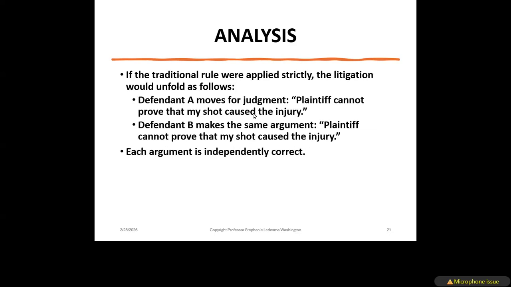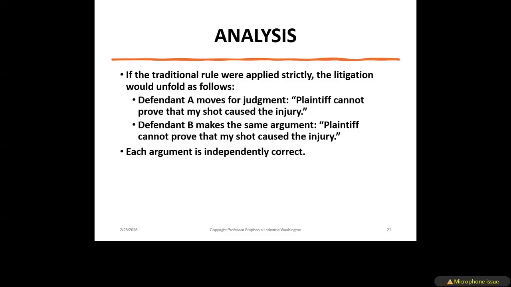Do you see it? If the traditional rule were applied strictly, this is how the litigation is going to unfold. Defendant A moves for judgment because defendant A is going to say, well, the plaintiff can't prove by a preponderance of the evidence that it was my shot. Defendant B is going to move and say, well, the plaintiff can't prove by a preponderance of the evidence that it was my shot, right?